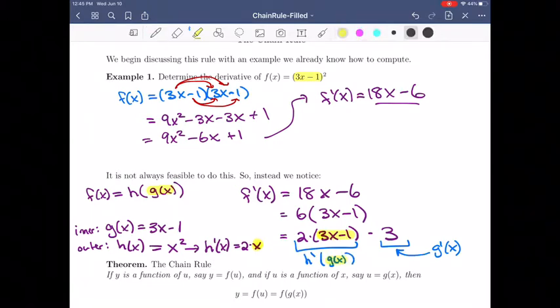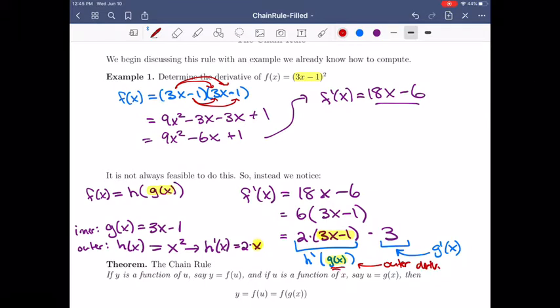So this is the idea behind the chain rule: the outer derivative evaluated at the inner function, multiplied by the inner derivative. That's how we do the chain rule.